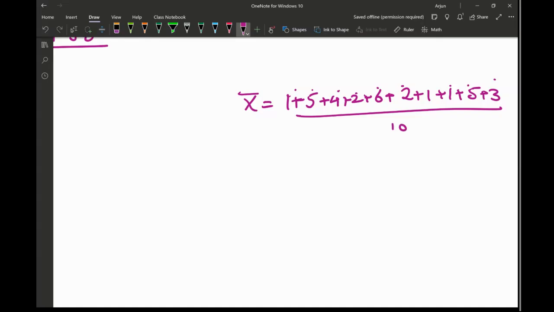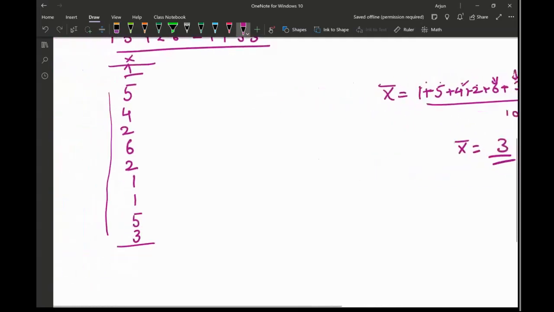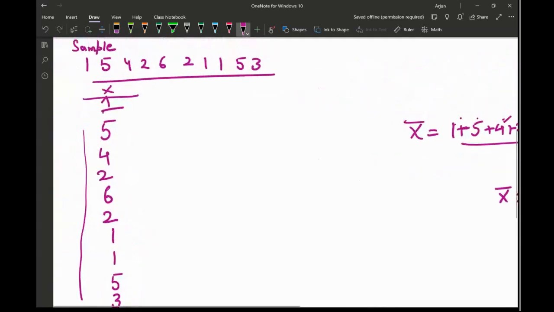So you divide by 10. 5 plus 1 is 6, 6 plus 4 is 10, 10 plus 2 is 12, 12 plus 6 is 18, 18 plus 2 is 20, 21, 22, 22 plus 8 is 30. So 30 divided by 10. The x bar value comes out to be 3. So x bar is 3.